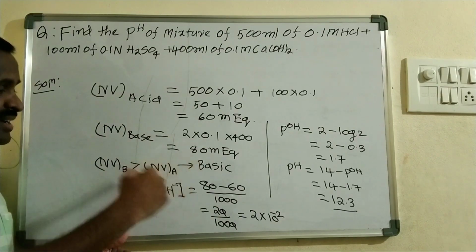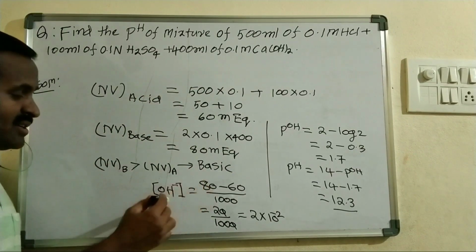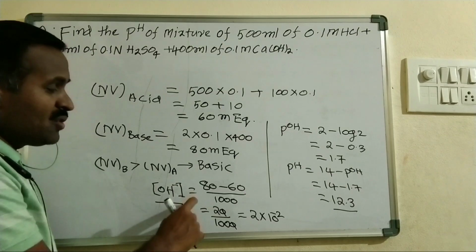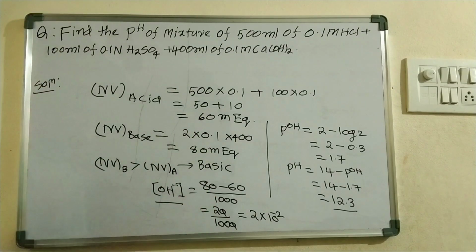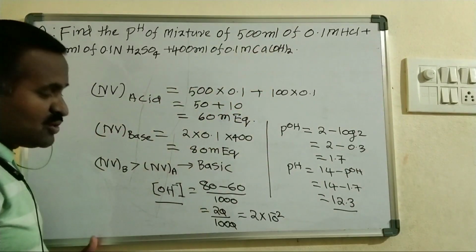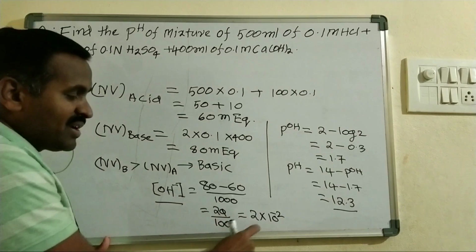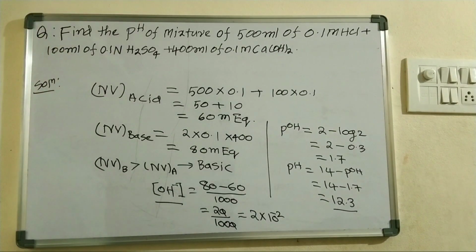So the resulting solution is going to be basic in nature, and definitely from that we'll calculate its OH minus ion concentration here. OH minus ion concentration equals 80 minus 60 divided by total volume 1000 ml, 20 divided by 1000 you will get, and on simplification 2 into 10 power minus 2 is the OH minus ion concentration.